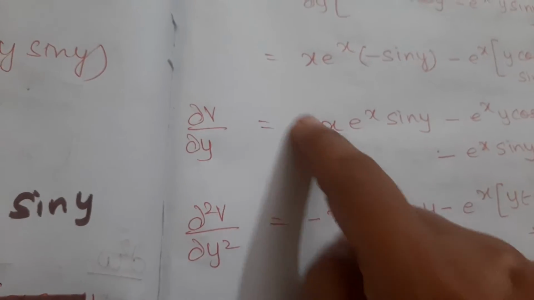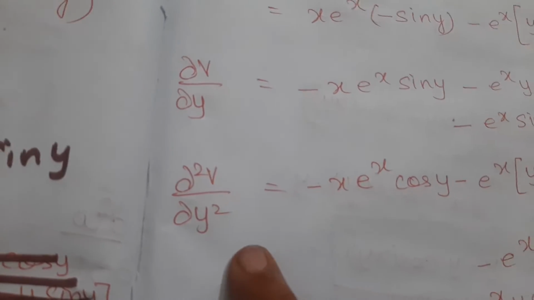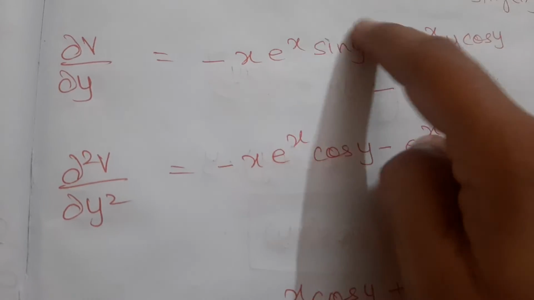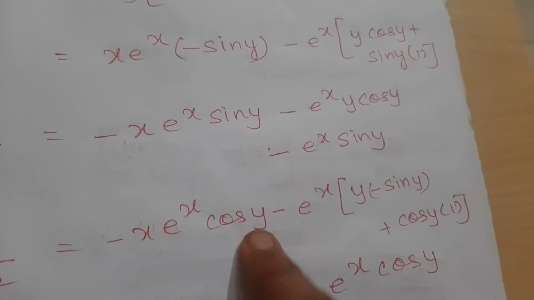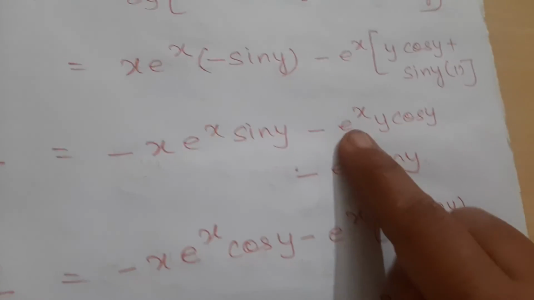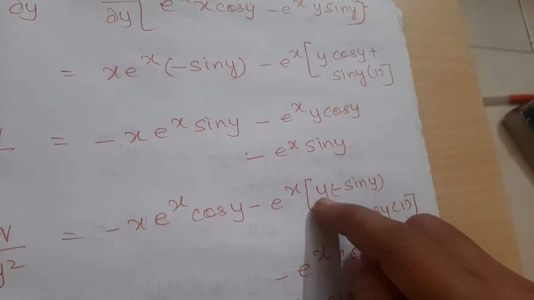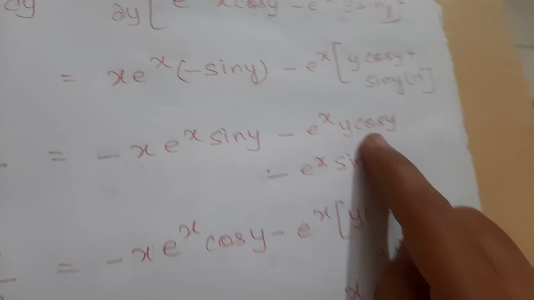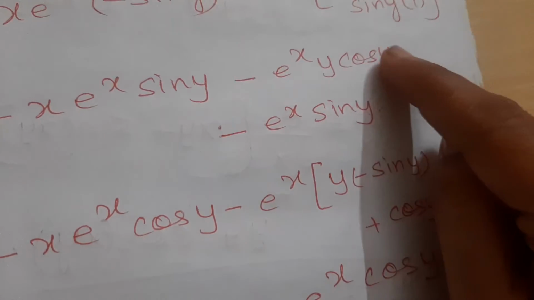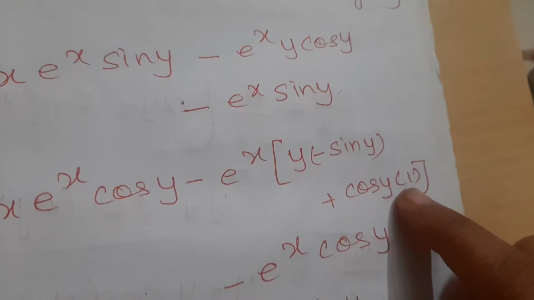Again I want to differentiate because I need the second derivative. So minus x e power x, the differentiation of sin y is cos y. Again e power x is a constant, and y cos y I have. I keep the first function as it is and differentiate cos y, which is minus sin y, plus cos y as it is and the differentiation of y, which is 1.